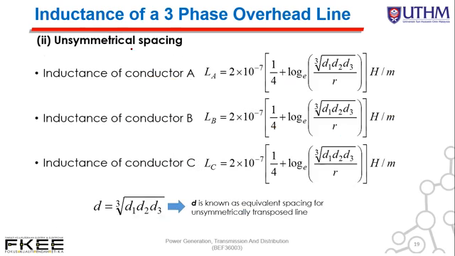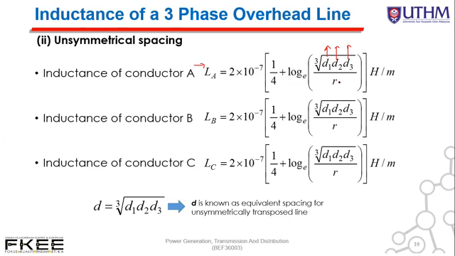For the case of unsymmetrical spacing, the formula to calculate the inductance of conductor A is LA equal to 2 times 10 to the power of minus 7 times (1/4 + log_e(cube root of (D1 D2 D3) / r)). D1, D2, D3 are the spaces between the conductors themselves. Let's say D1 is the distance between AB, D2 between BC, and D3 between AC.